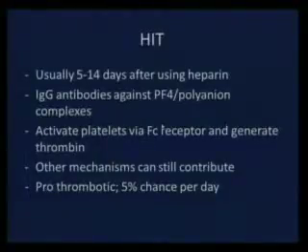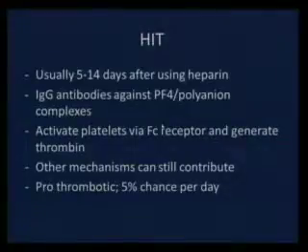Other mechanisms can still contribute. Remember, if you have diagnosed HIT, it doesn't mean that the patient will not have thrombocytopenia because of any other cause. The patient can still be critically ill, can still be on a medication like a diuretic or valproic acid or antineoplastic medication, and that is causing thrombocytopenia like we saw in the previous graph.